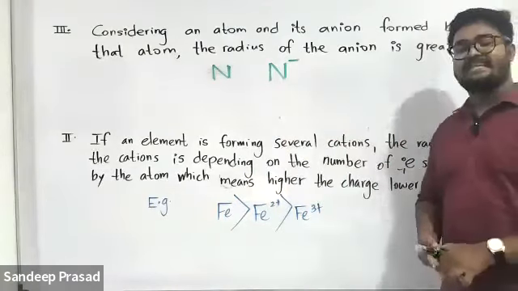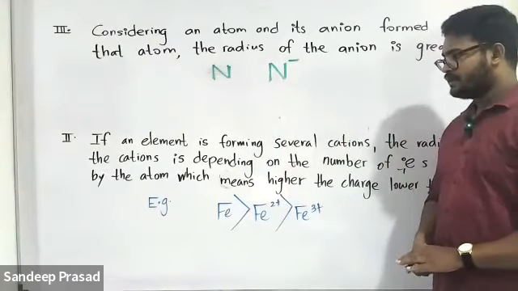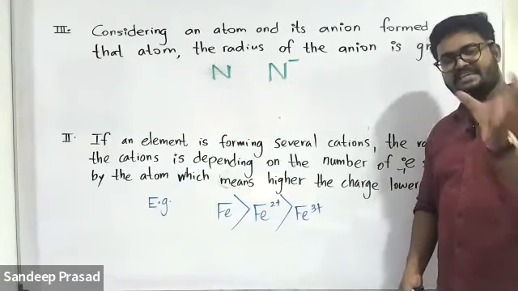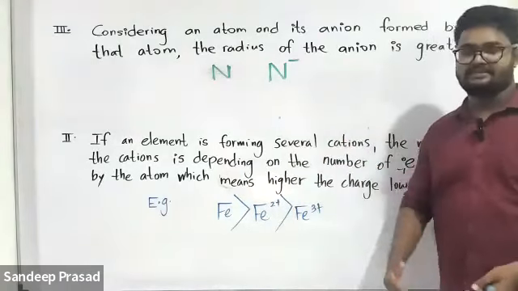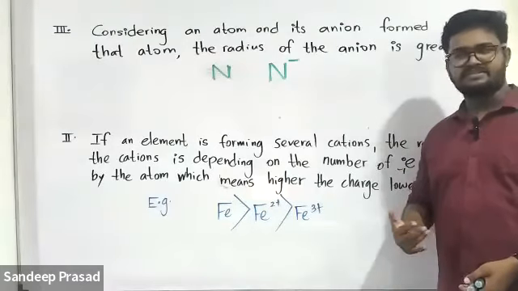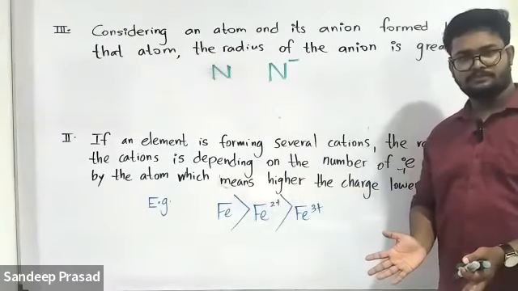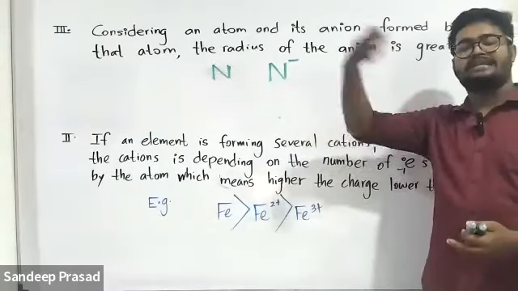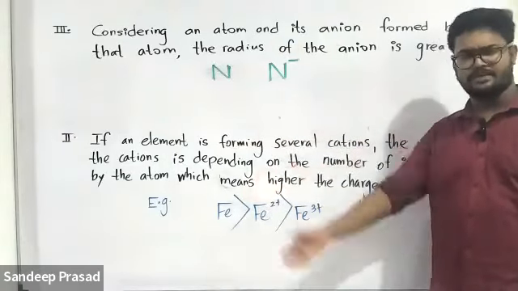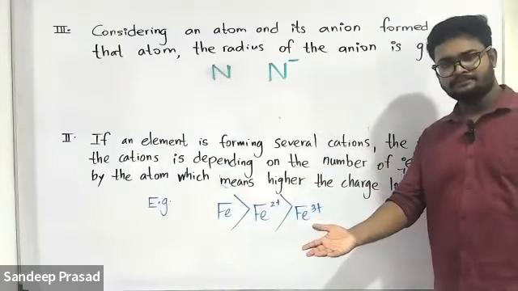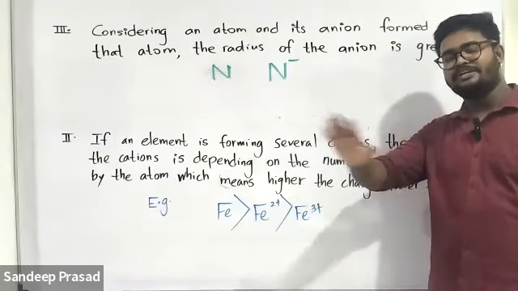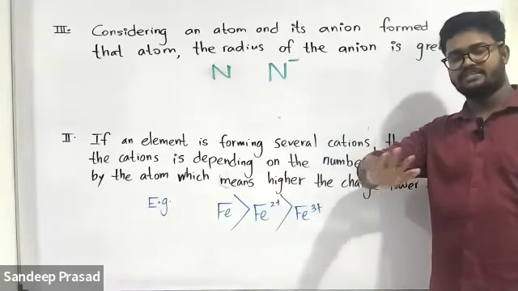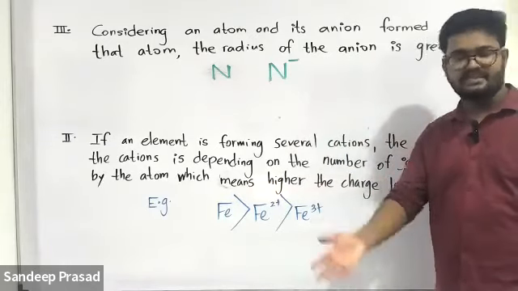Definitely the anion. What is the reason? If you consider an atom and its anion, the species is gaining electrons. Gaining something means the capacity is getting full, so the radius increases. Very simple. Same element, so the number of protons won't change. The only factor increasing is the electrons.